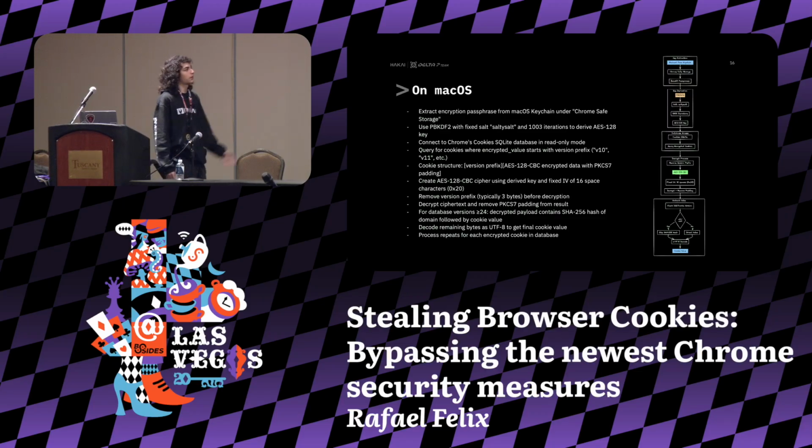So we follow the same process. We connected the Chrome's cookies SQLite database with the extracted master key from keychain. To be clear, you have to get the keychain key, then decode with base 64, then derive with password-based key derivation function 2. So we query the cookies where the encrypted value starts with the same caveat here with the V20, V11, V10 versions.